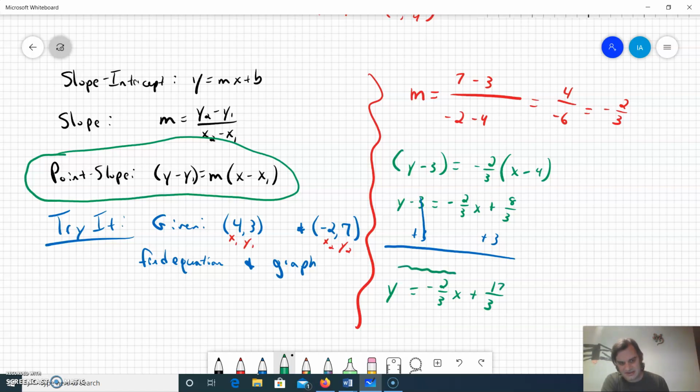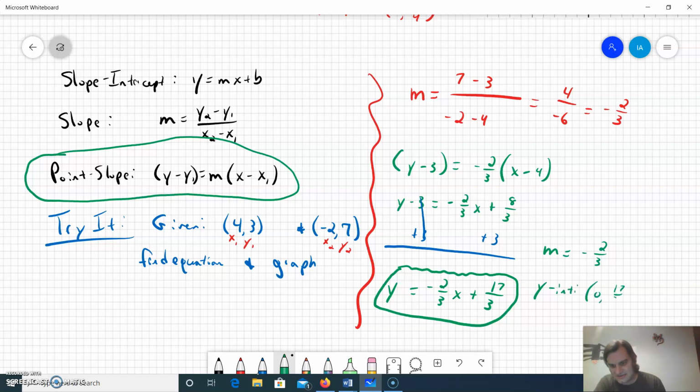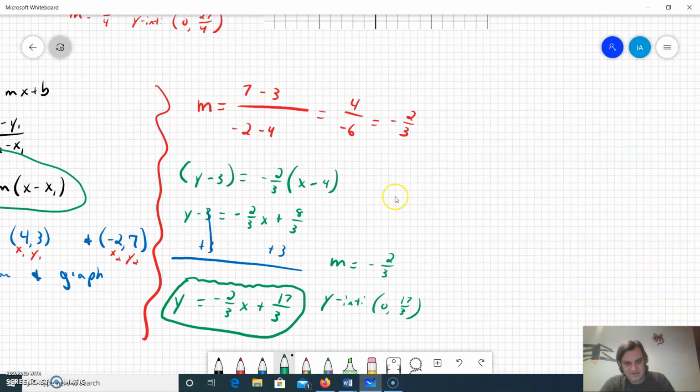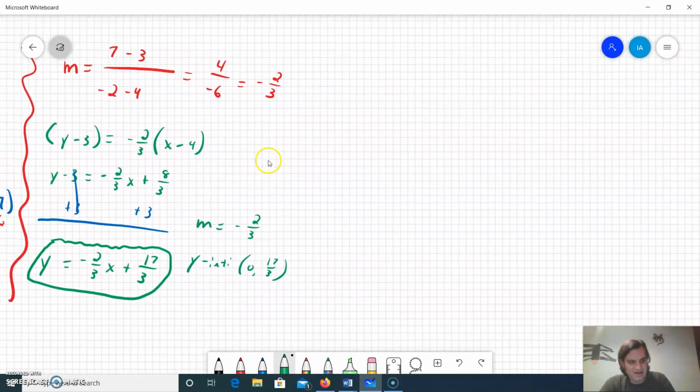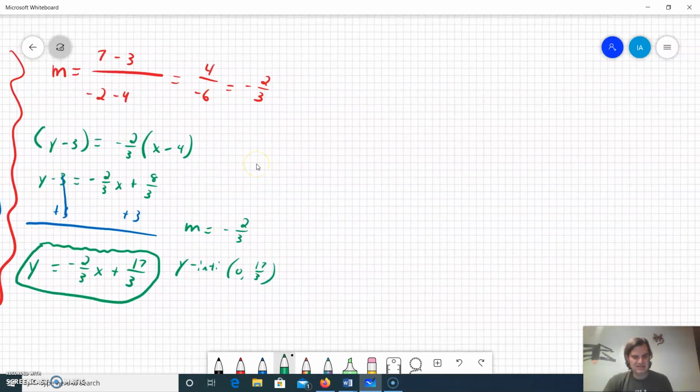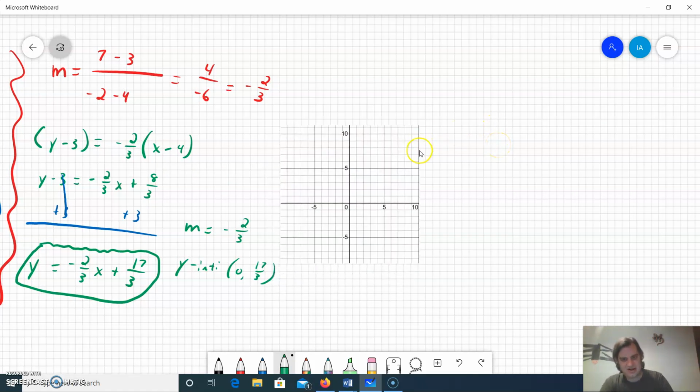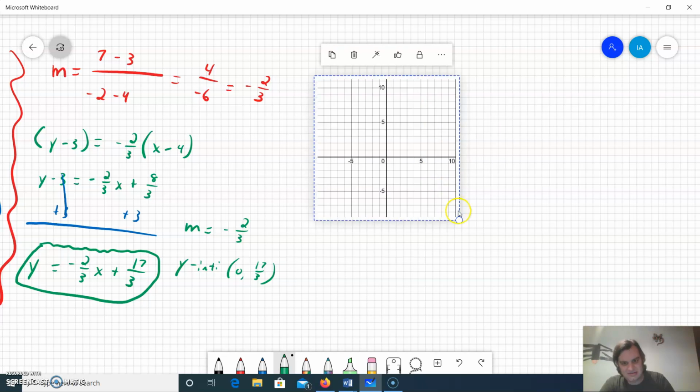So now we have the slope-intercept formula of our graph, where m equals negative 2/3, and the y-intercept is (0, 17/3). So we have our formula in slope-intercept form. We have all the information we need.